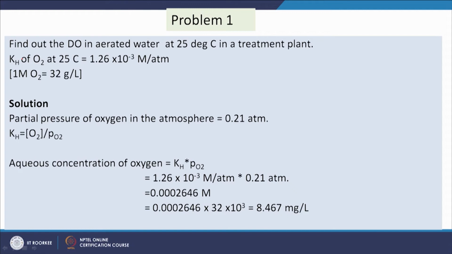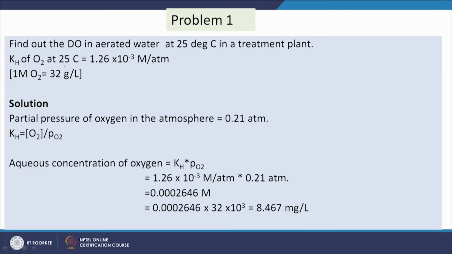Hello everyone. Now we will discuss some numerical problems based on our last 4 classes. The first problem: find out the DO in aerated water at 25 degree centigrade in a treatment plant.